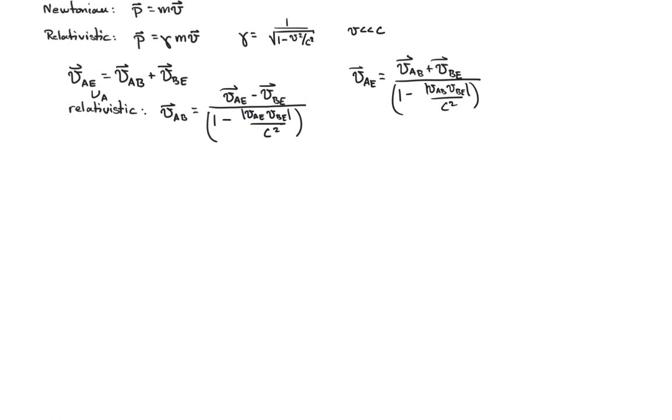Now, finally, we have to modify how we think about energy, right? So in general Newtonian mechanics, kinetic energy is half mv squared, right? That's our standard definition for kinetic energy from Physics 1.